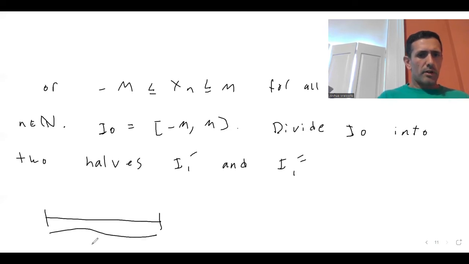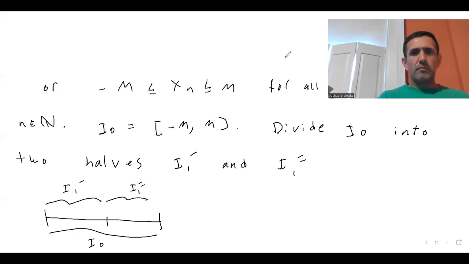I'll do this in general soon. I'm just going to call this I_0. Of course, this is minus M to 0 and 0 to M, these two closed intervals. This is the first half, and this is the other half. I want to emphasize that I want these to be closed intervals.